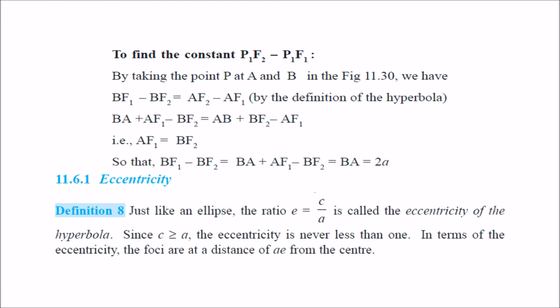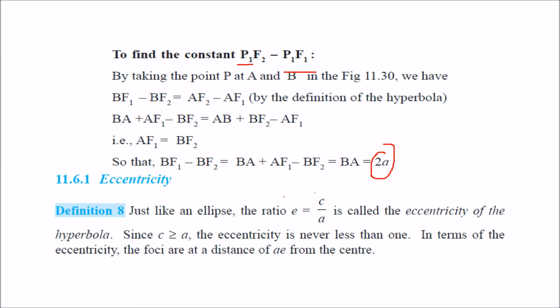First you have to remember that the difference of the larger distance from the smaller distance, for any point on the hyperbola from the foci, will always remain constant, and that will be equal to 2a, as we saw in the ellipse. As I suggested there also, these two are quite similar.